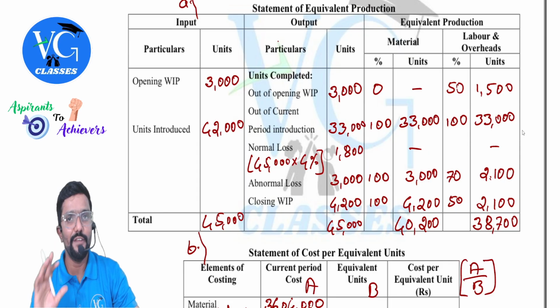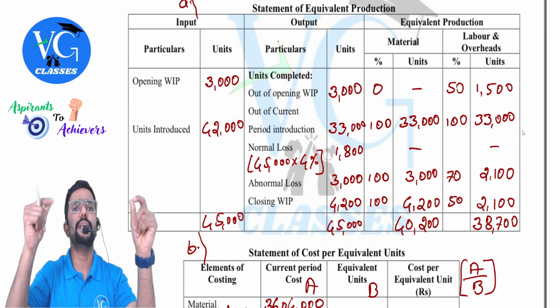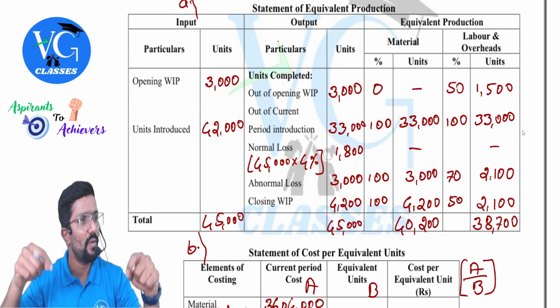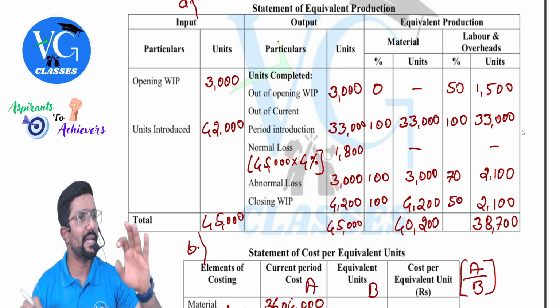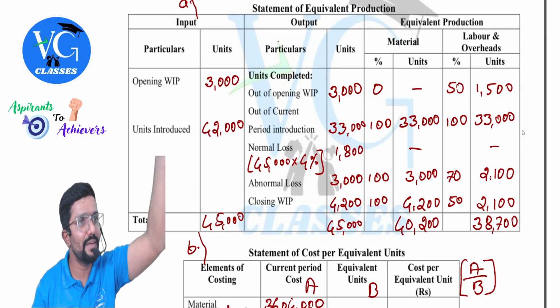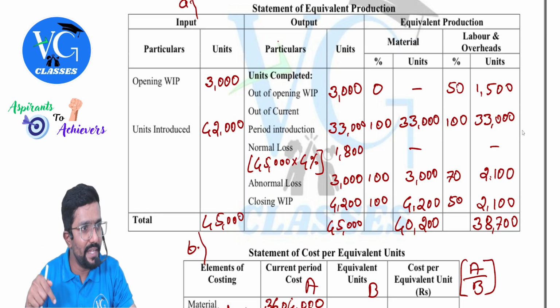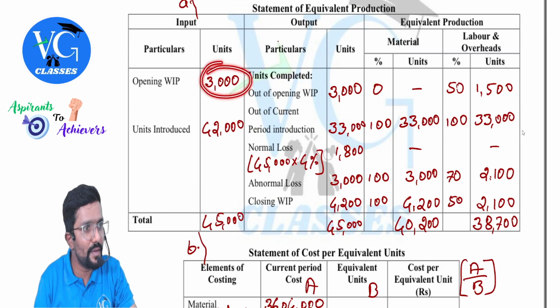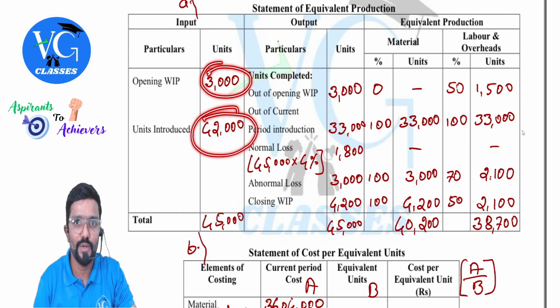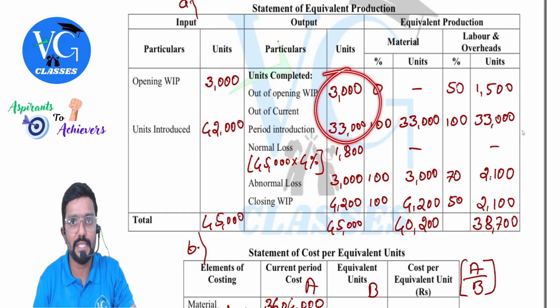You know, under FIFO, they are only bothered about what I did this year. What I have done last year is for last year. What I will do for this year is for this year. Now, as soon as I begin in the current year, first I will complete the incomplete units and sell them. Remaining only I will produce from here. So totally my output is 36,000.